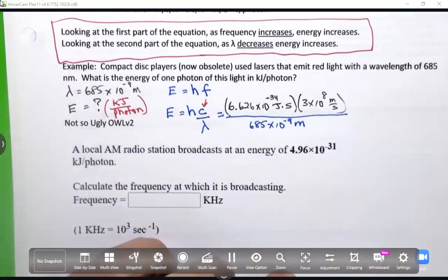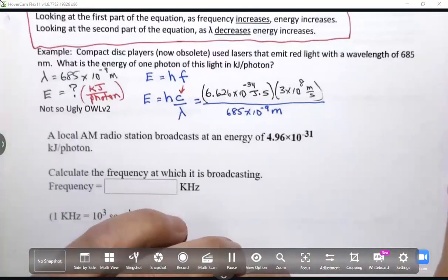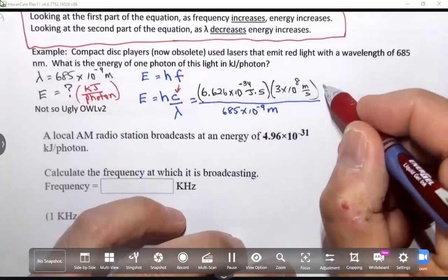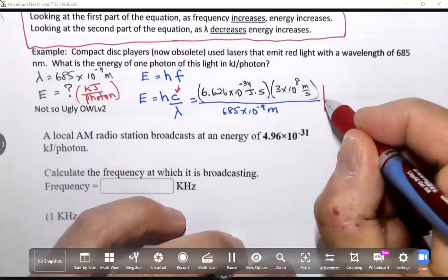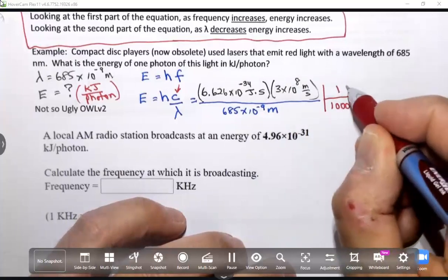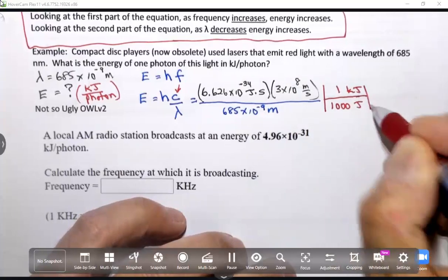And it wants it in kilojoules. So I'm going to change this to kilojoules here. And that's simply going to be 1,000 joules into 1 kilojoule.